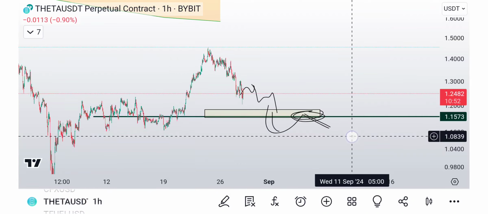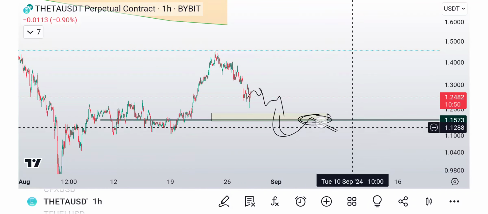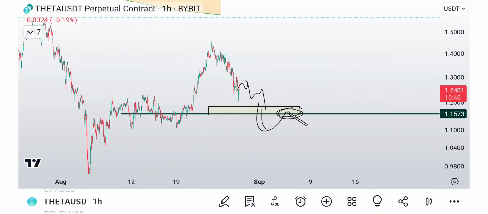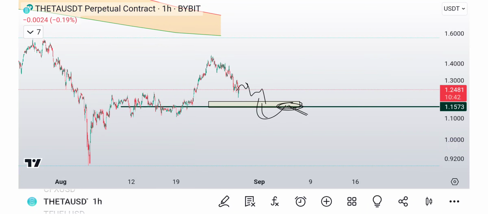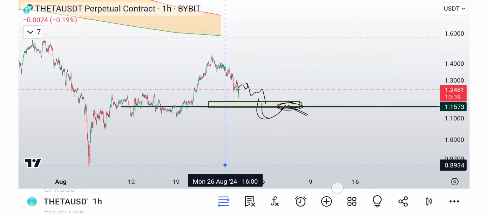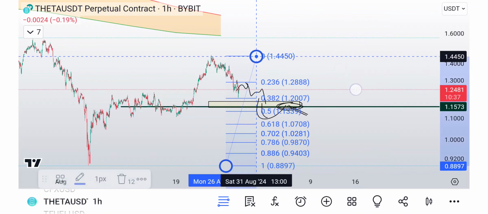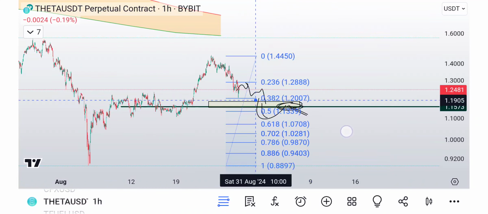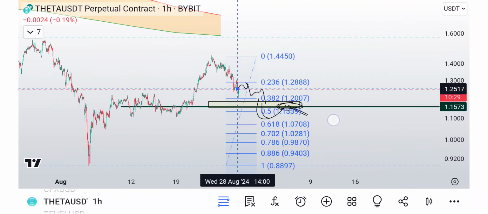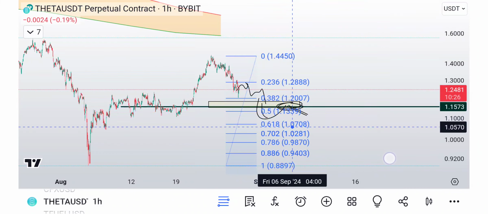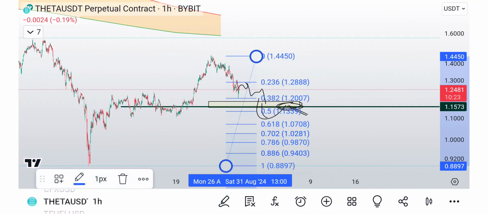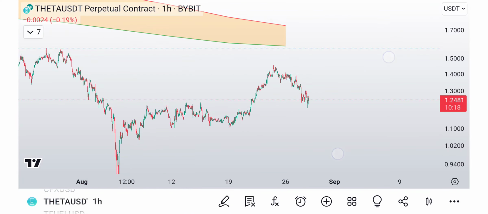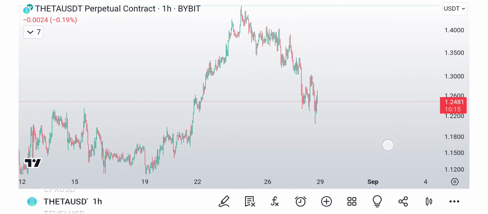At least for some of the position I hold here, I would be getting out and looking to re-enter at a better time. So if I take this whole thing all the way to the top, I would probably look at about $1.07. If we start losing $1.20, $1.15, I would get out and look for $1.07. But so far, we're doing okay. It's a pullback. Nothing goes up in a straight line. Let's keep it moving here.